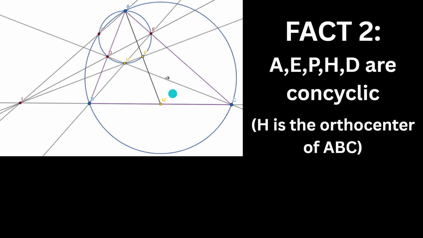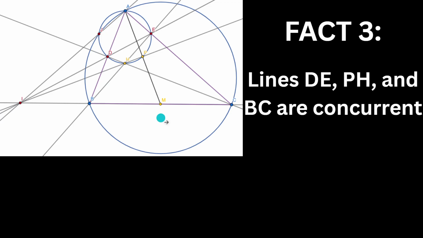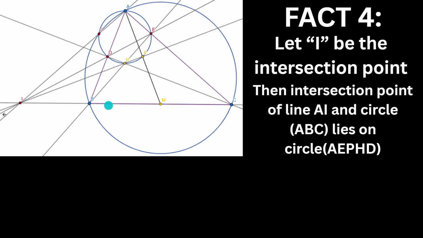Okay. Here's the third fact. Lines DE, PH, and BC are concurrent at some point, which I name I. So let I be the intersection point of DE, PH, and BC.